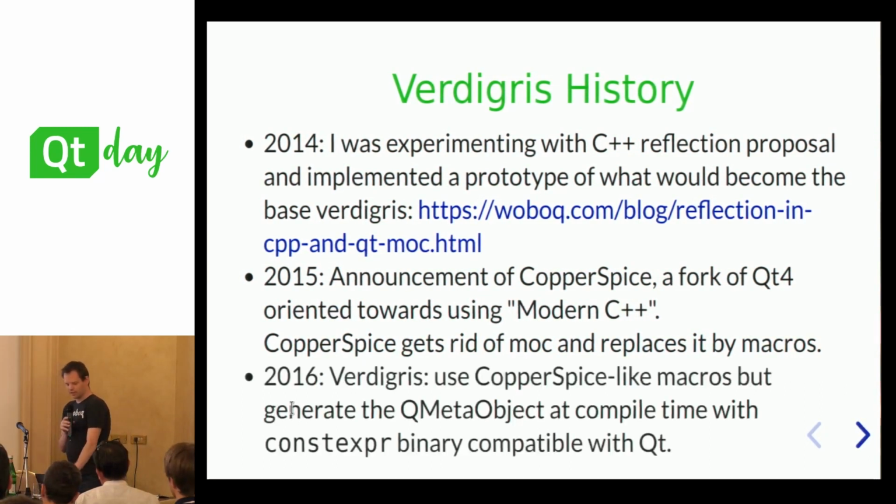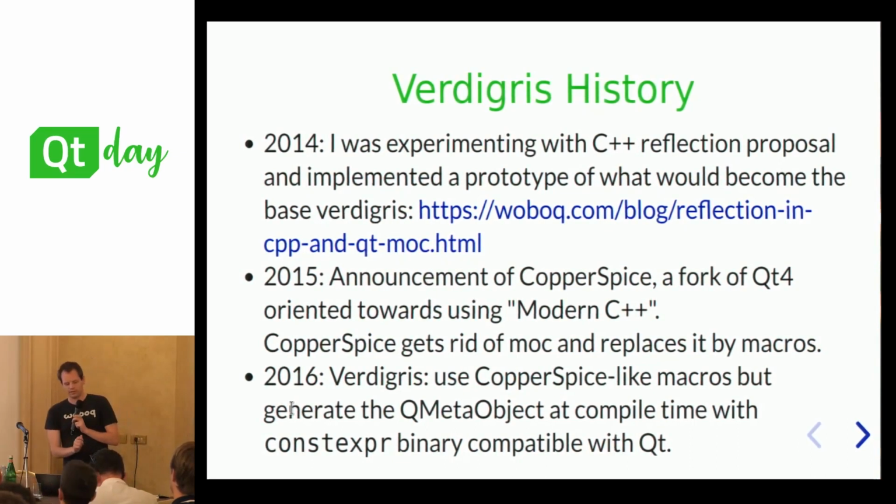But there are some good ideas, and I thought, I could try to do better. I can get inspired by those macros and do the same, but generate the QMetaObject at compile time using constexpr and template metaprogramming in a way that is binary compatible with Qt. So just normal Qt, no need for a fork of Qt, but using those macros, you can avoid using the meta-object compiler moc.